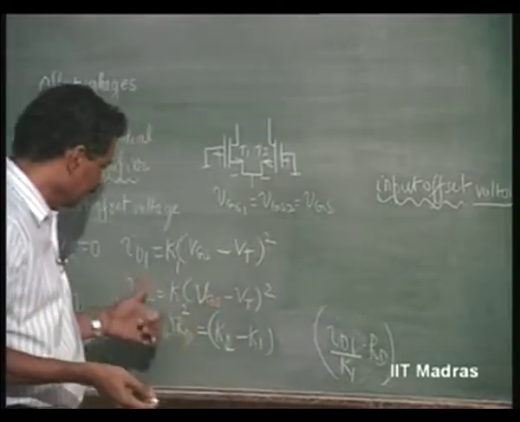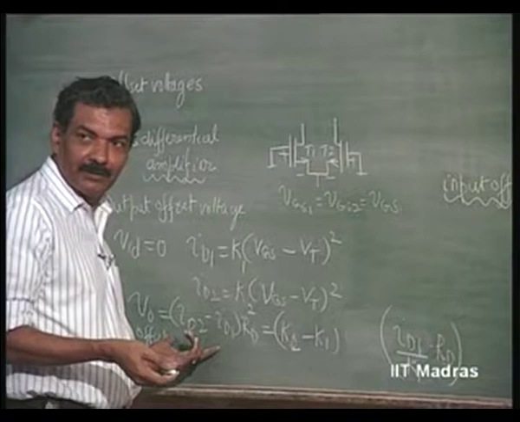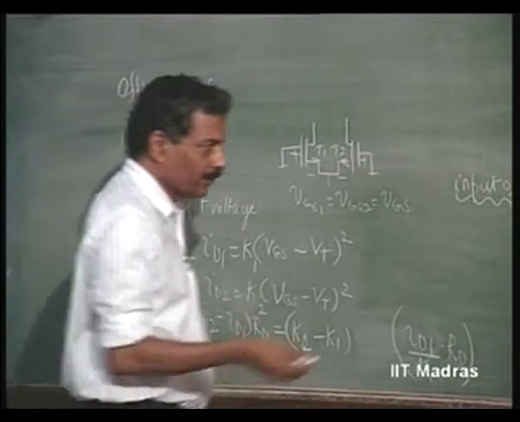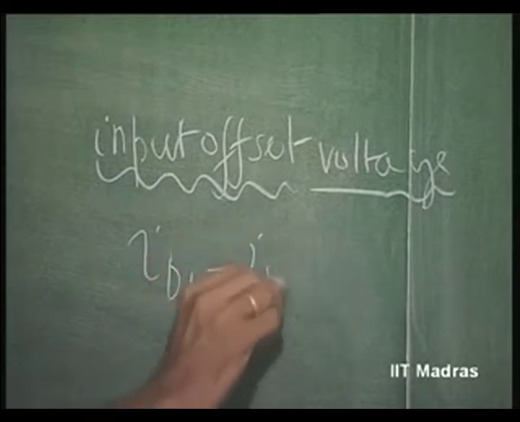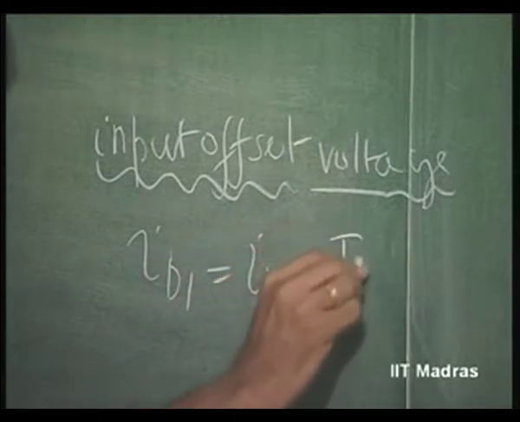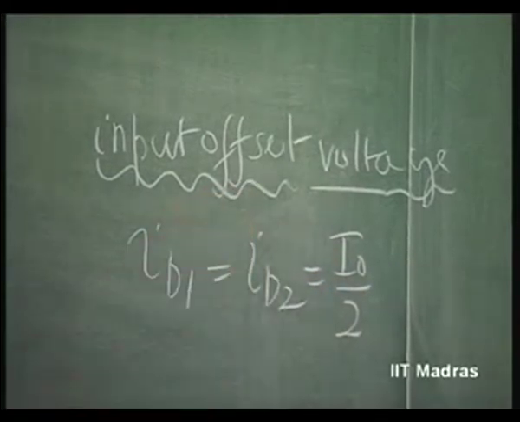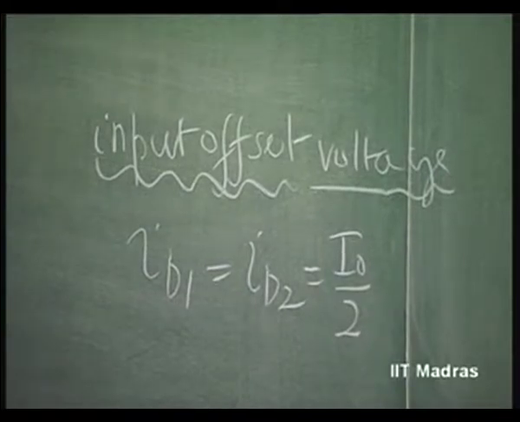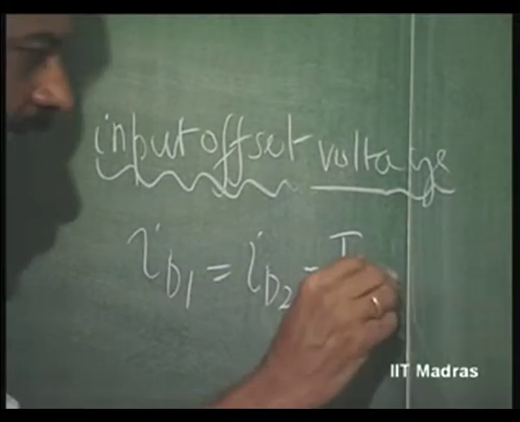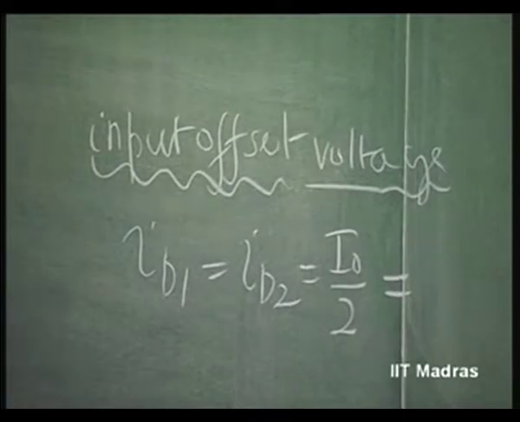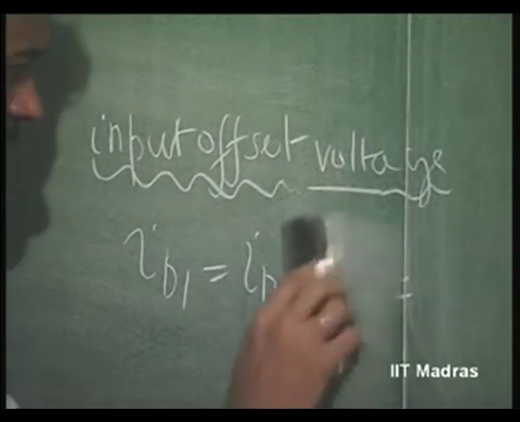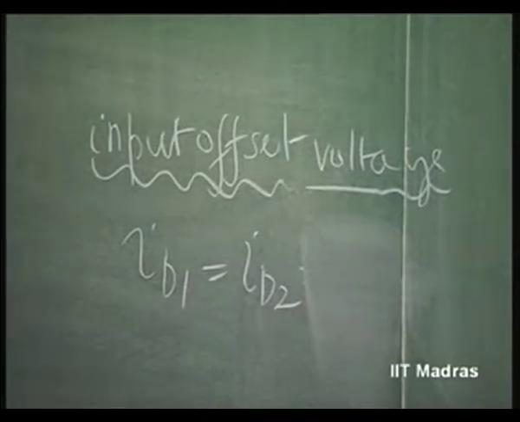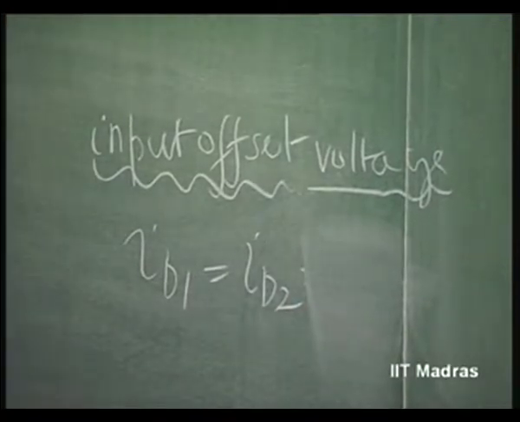If I make ID1 equal to ID2, output offset voltage will be 0. So, ID1 is made equal to ID2 equal to I0 by 2. Under this situation, ID1 is going to be equal to ID2.